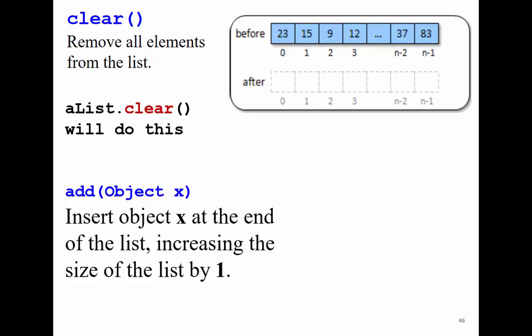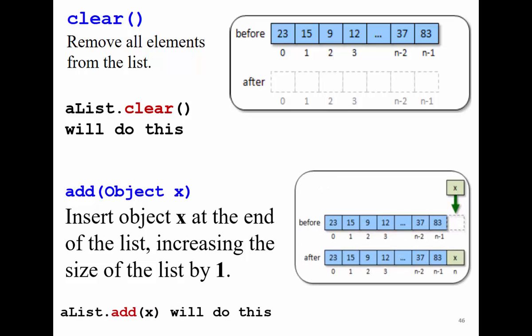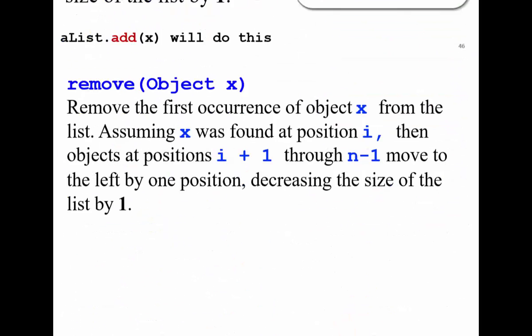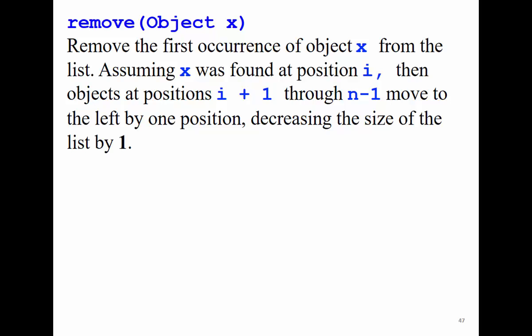Add object, insert x at the end of the ArrayList. So if you have an ArrayList and you say add object x, it will always be inserted at the end, and the size of the list will be incremented by 1. Remove object. I just don't say remove object at a certain index. Just remove object. It will look through the list in order, and the first occurrence of the object will be removed.